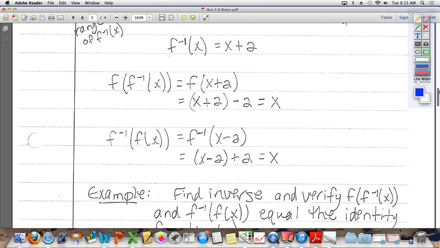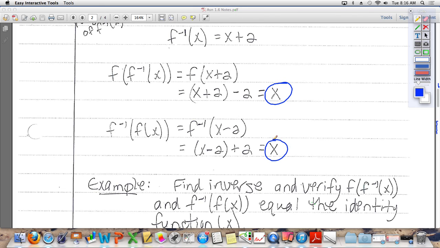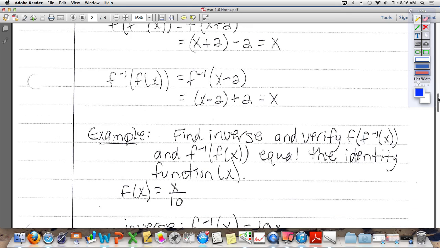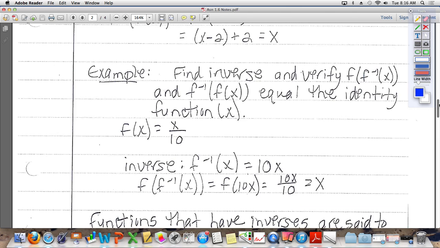We talked about how when you compose the original function with the inverse function, you're always going to end up with the identity function. Remember that the identity function is x. Regardless of which way you do it, you end up with x. And then we talked about finding the inverse and verifying that you get the identity function.